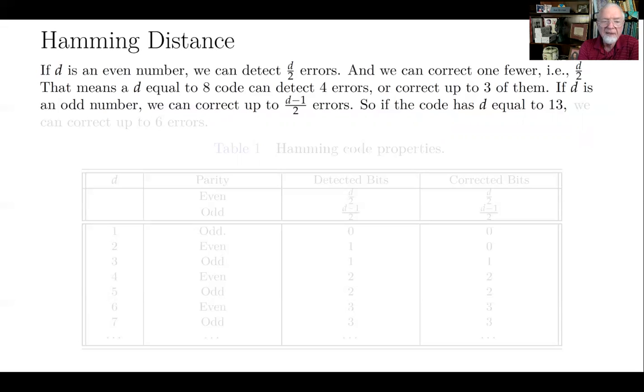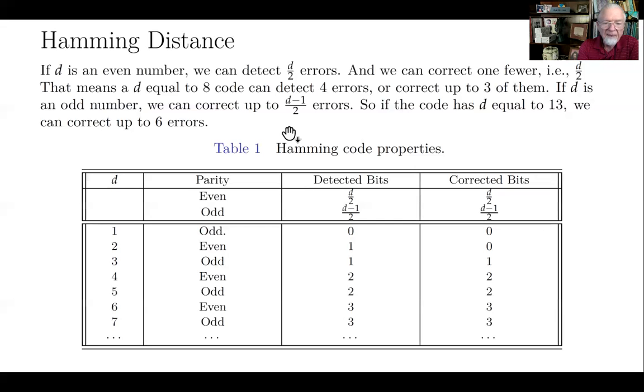If D is an odd number, then we can correct D minus 1 over 2. And so if the distance was 13, how many errors could be corrected? Shout it out. 6. Good. Okay.